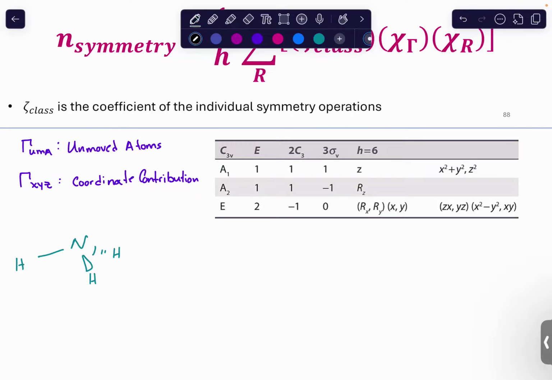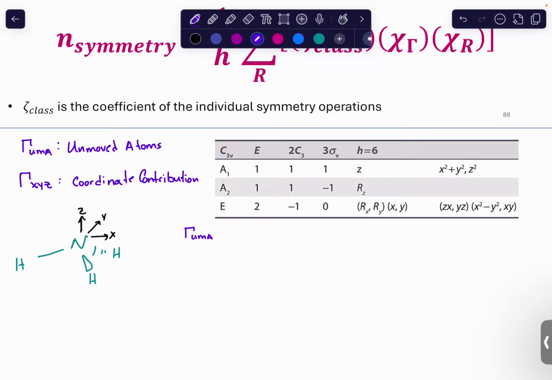Okay, so what we want to think about is our coordinate axes on each atom. Okay, so let's start looking for our gamma for unmoved atoms. Okay, so for E, how many unmoved atoms do I have?